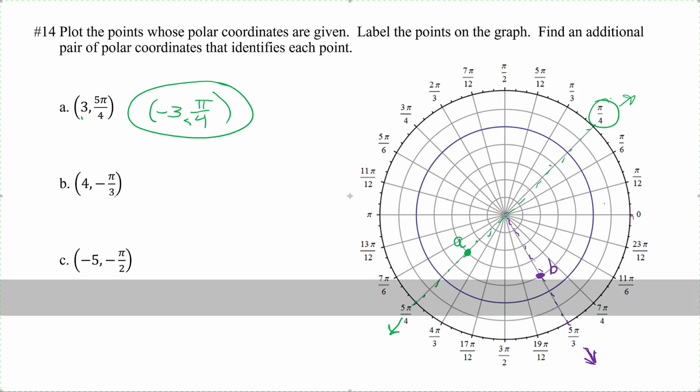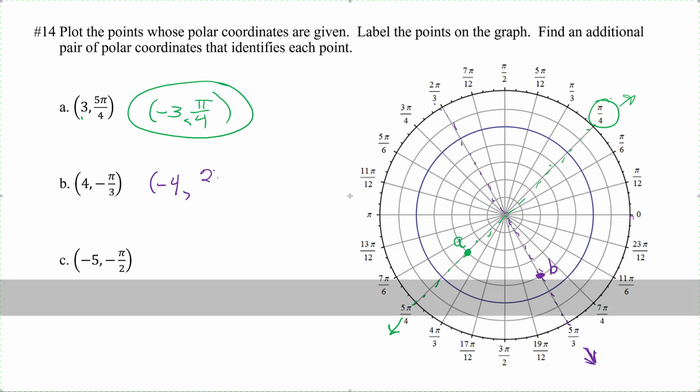We need another name for that point B. Well, let's just say instead of 4, let's say we have negative 4. And then what ray would I be going along? Which direction would I be going so that negative 4 would take me to this point B? Well, easy enough. Let's just extend our little dashed line in the opposite direction from the pole. So what angle are we at there? 2 pi thirds.